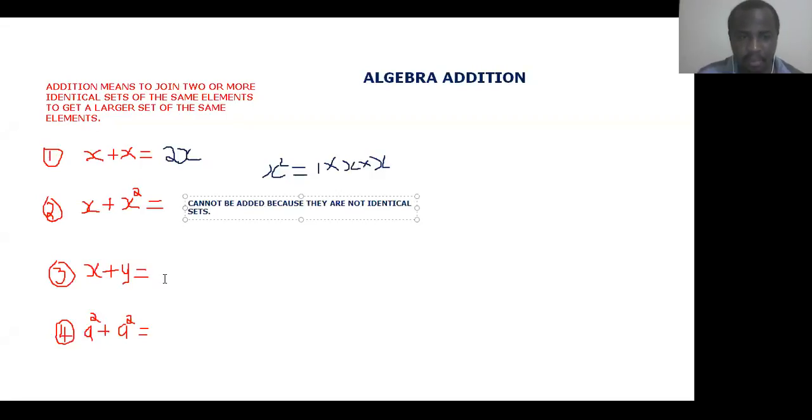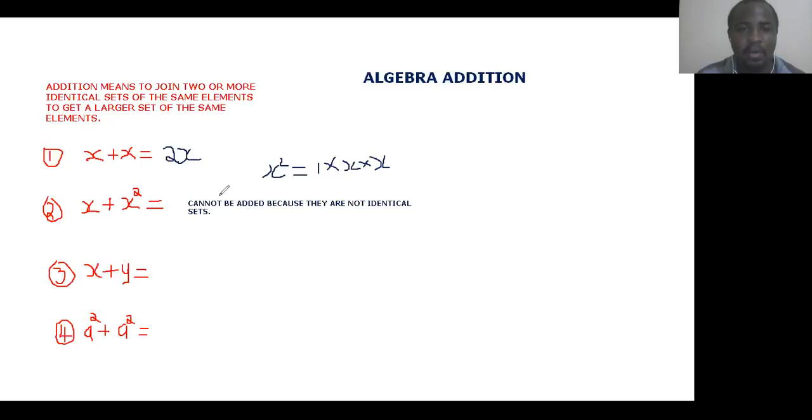All right, good. Now we're going to turn our attention to x plus y. Again, we can simply see here that following the addition concept, x and y are two different sets. This is one set of x and this is one set of y. And following the addition concept, we cannot add two non-identical sets.